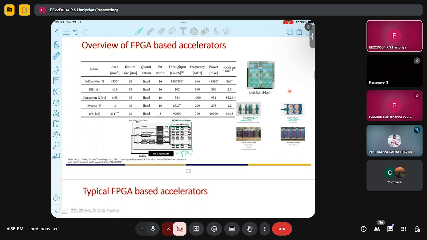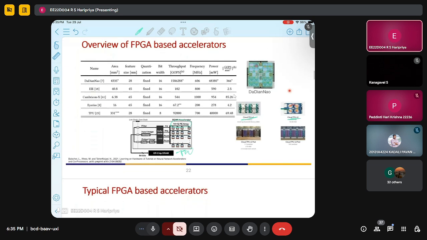And so we have the off-chip DRAM and scratchpad memory of 108 KBs.